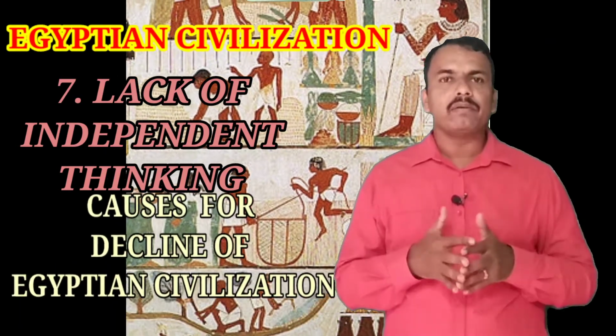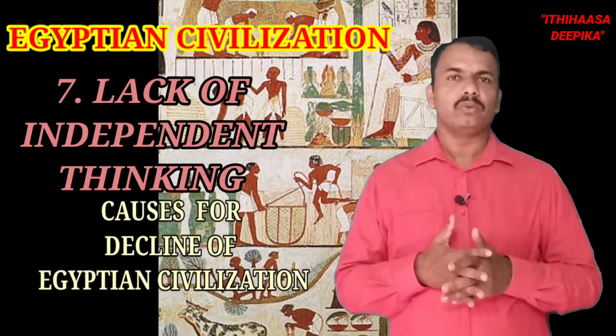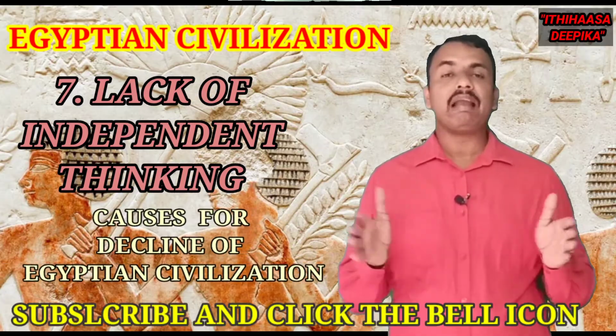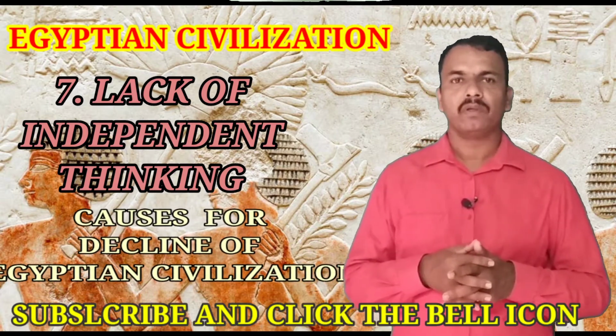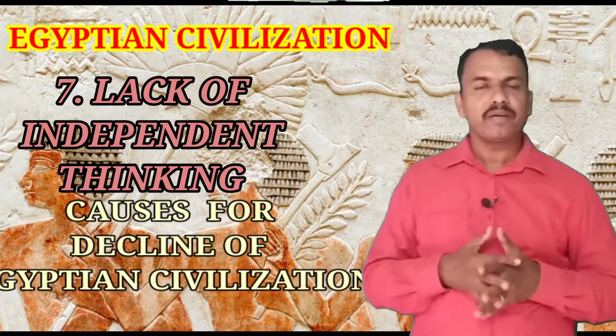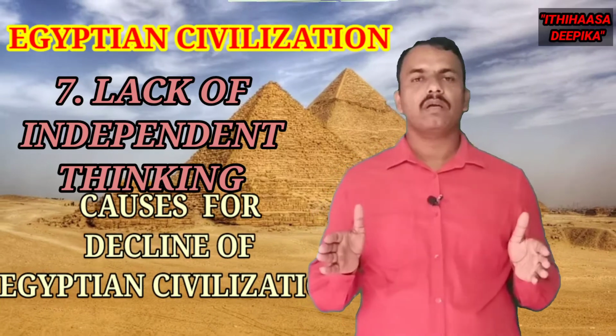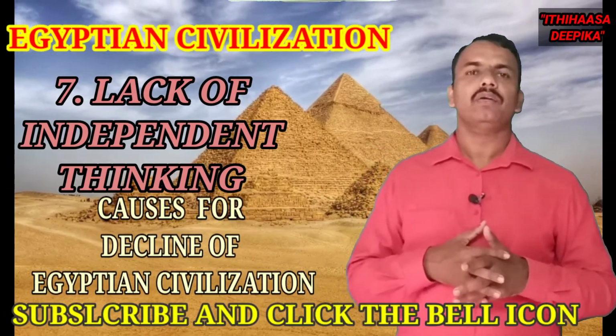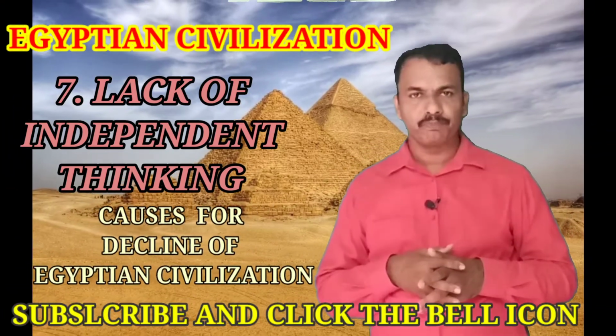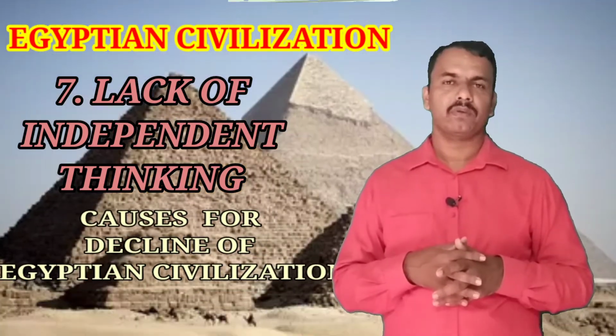Lack of independent thinking led to the decline of Egyptian civilization. These are the seven important causes responsible for the decline or disintegration of Egyptian civilization.